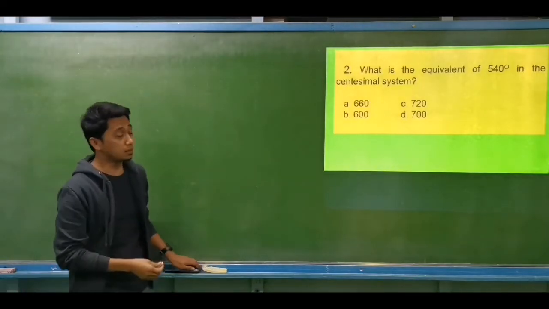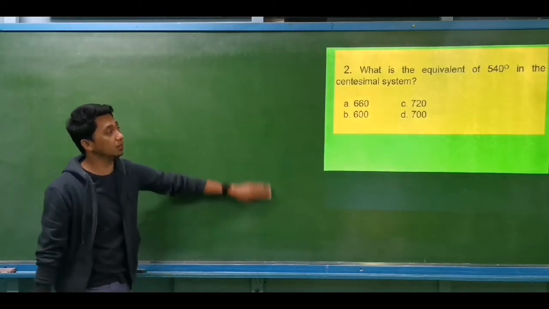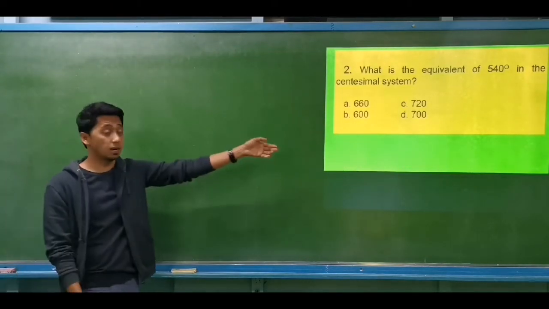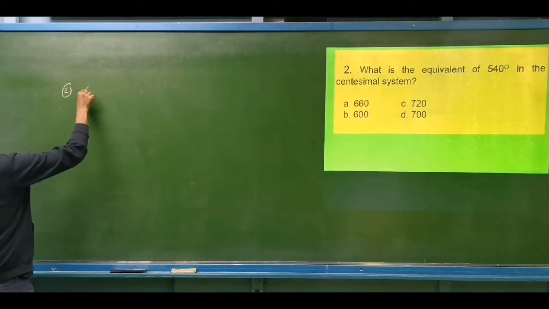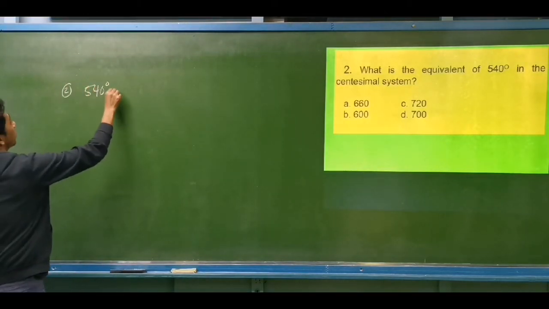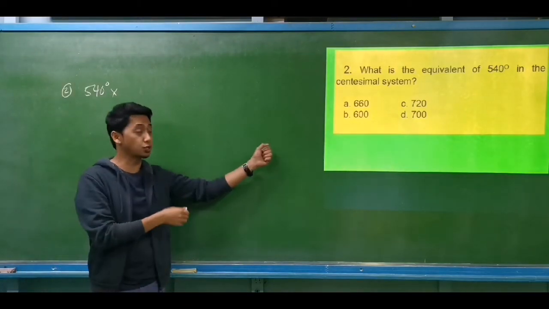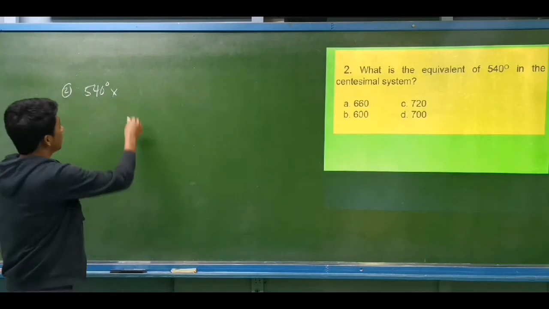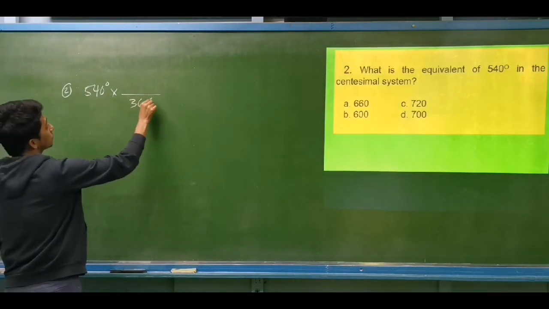Okay, so number 2 tayo. So lumabas na ito one time sa board exam. So what is the equivalent of 540 degrees in the centesimal system? So we have number 2. This is 540 degrees multiplied by, yun yung advantage kung alam natin yung pangalan ng measurements. So pag sinabing centesimal system, ang conversion factor natin, this is 360 degrees.